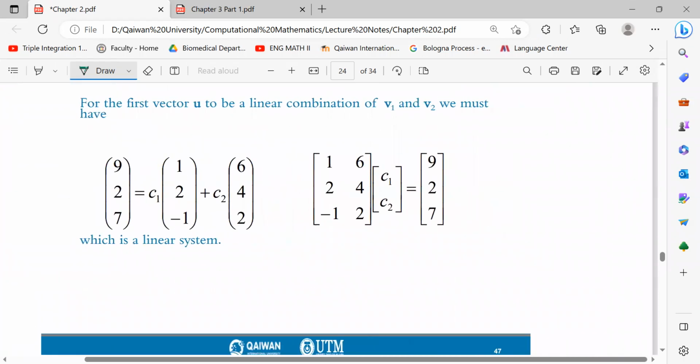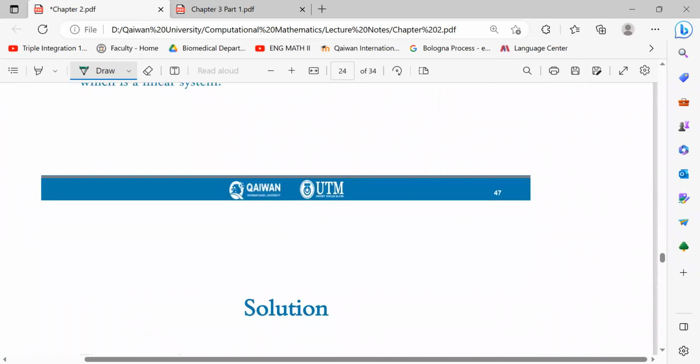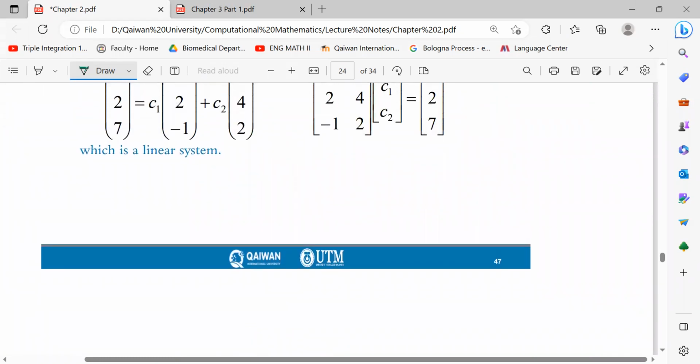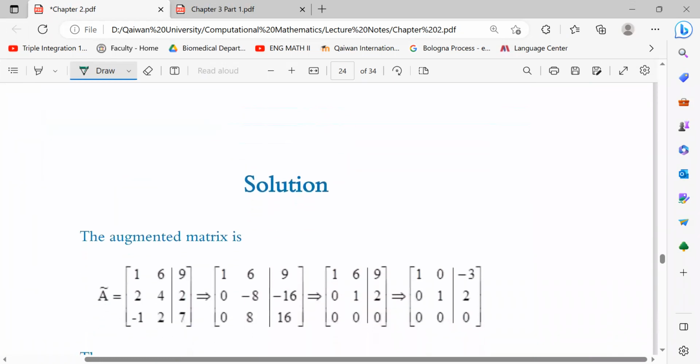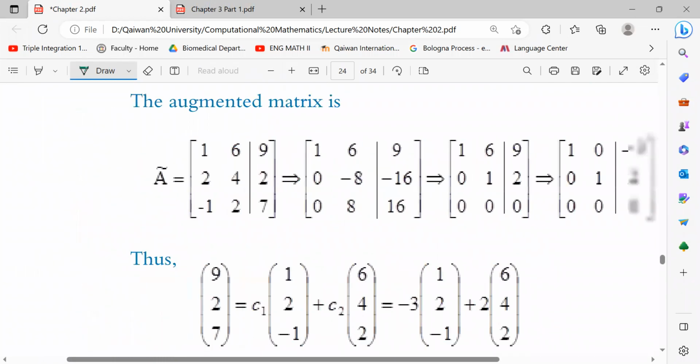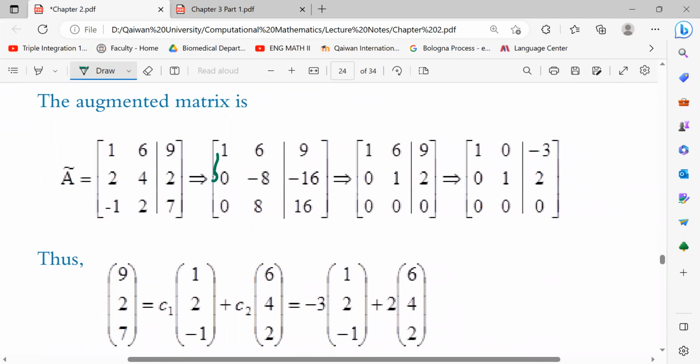For this one, you can watch the first video, I think, or the second video that we studied. Look, the reduced row echelon form is applied here. I'm not going to talk about this again because we studied this before.